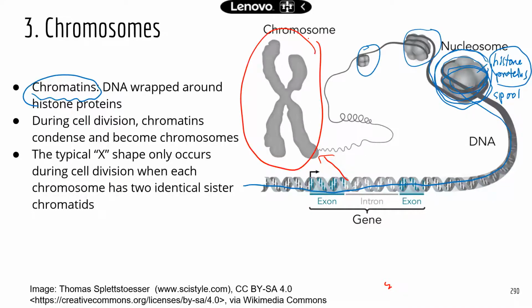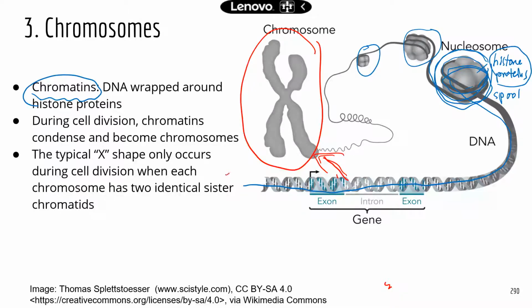A lot of people are familiar with chromosomes, but they don't know that chromosomes only appear during cell division. Other than cell division, the chromosomes are in this chromatin state, which is really thin and very hard to see. But once the chromatin condenses, it becomes chromosomes, which are more visible under the microscope.